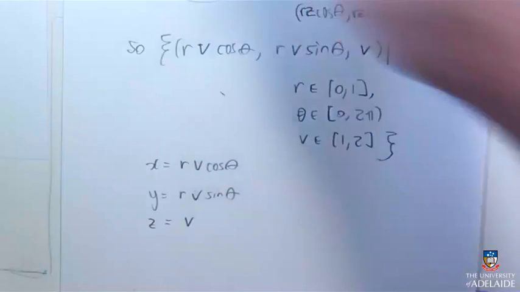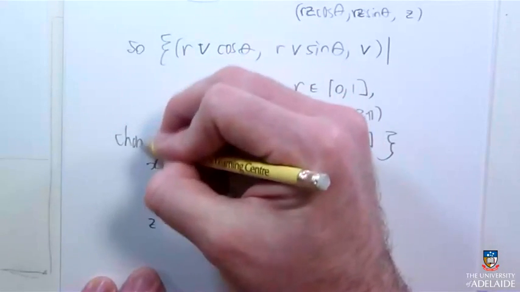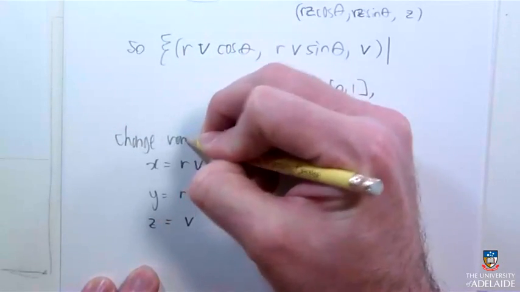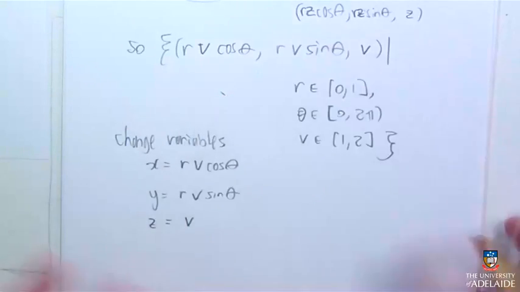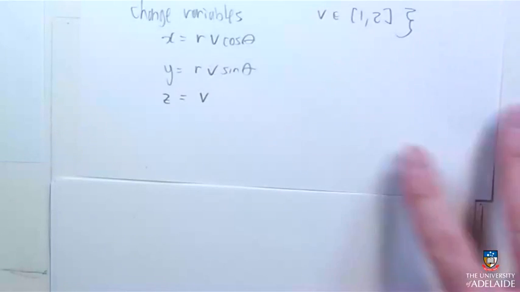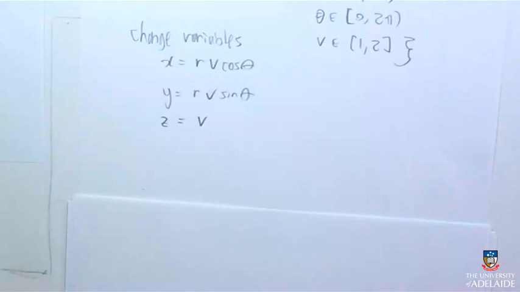So to change my variables, my vector dx, dy, dz is going to be a matrix times the vector dr, dv, d theta.